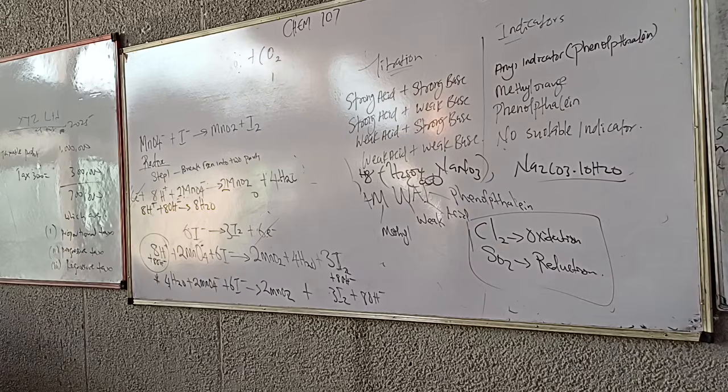Check the answer in the past question. Maybe there was a typo error. None of the above. Okay, so the answer is none of the above, which is E. So that question, in case you see it, it is E, none of the above.